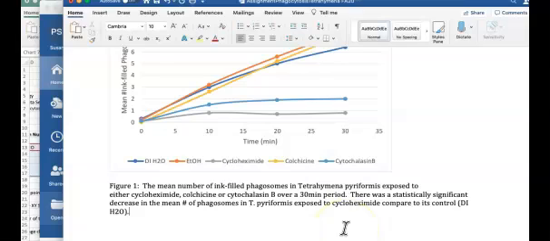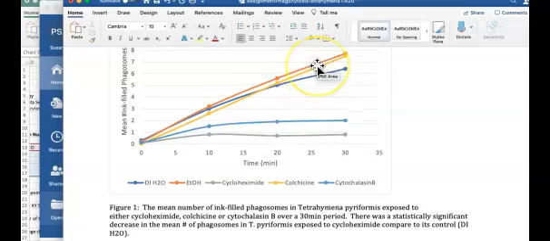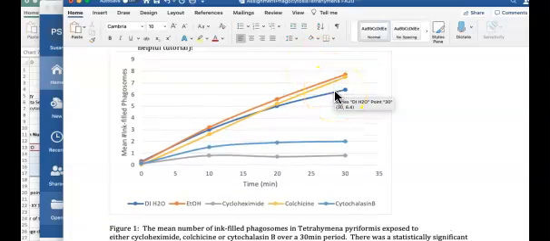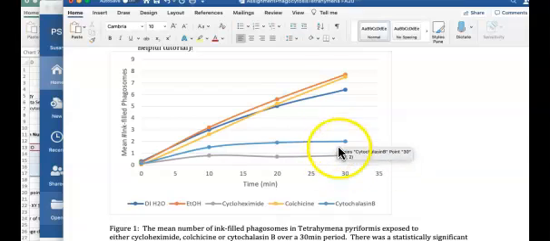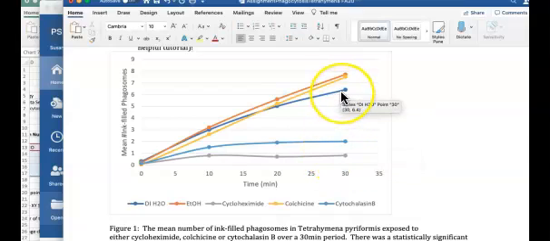There's all different ways you can state what the graph shows. The important thing is that you want to tell the reader what you know about your comparisons, that there's no difference between the distilled water and the colchicine, that there is a difference between the distilled water and the cyclohexamide, and there is a difference between the ethanol and the cytochalasin B. Statistically significant differences for these two treatments, no difference for this treatment.